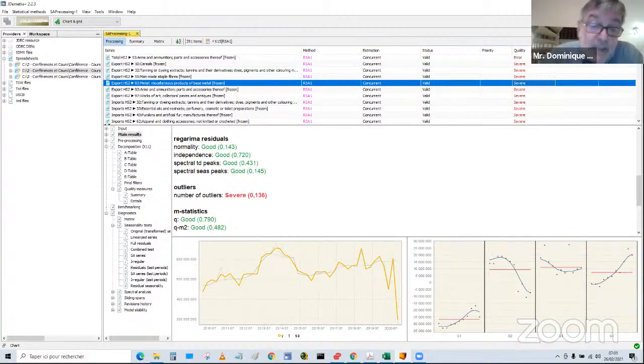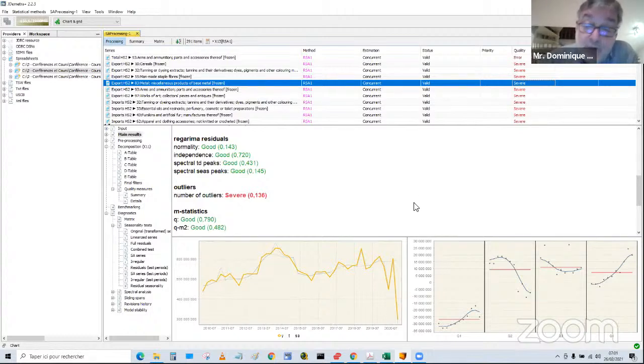Does it mean anything for you? It's likely that you might have a lot of outliers, especially during the crisis. During the COVID crisis, most of the points at the end will be outliers. So if you have 44 points and 4 outliers, you have more than 10% of outliers. You are close to 10%, and so you will always have a severe.